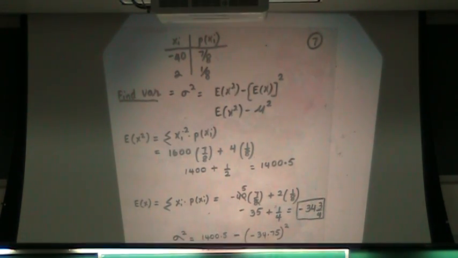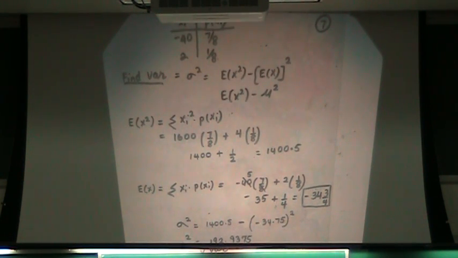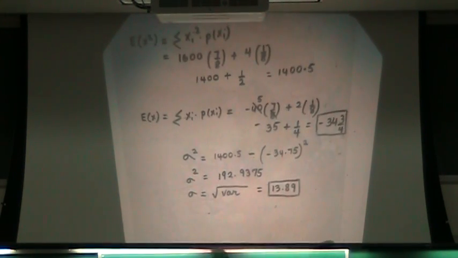Let's see if it's in there. Stat, edit. It's already in there. So I'll go stat, calculate one variable statistics on L1, L2, and hit enter, and it will give me the sigma. And it happens to match what we did, so everything is good.